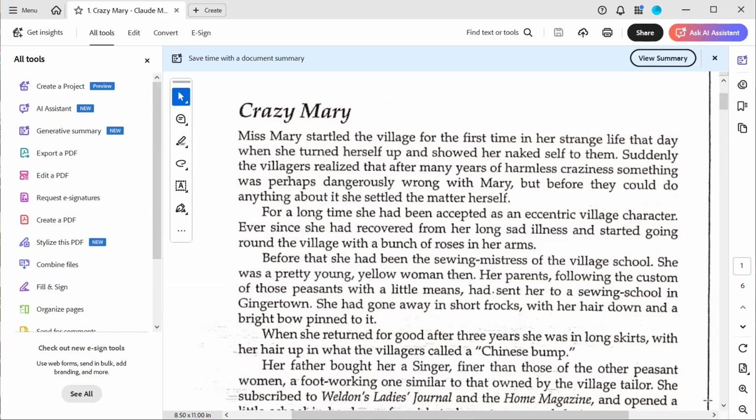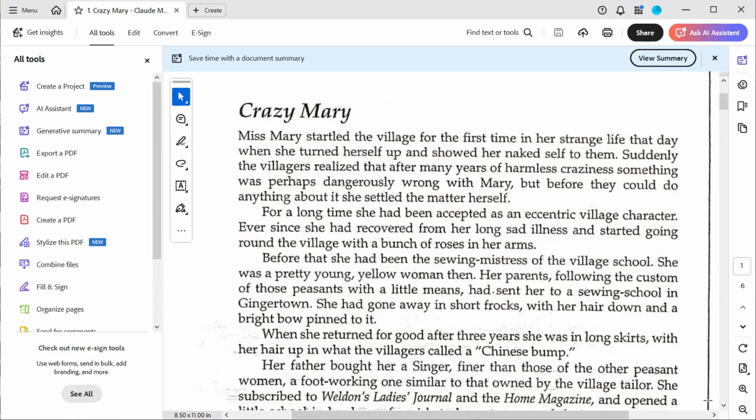For a long time, she had been accepted as an eccentric village character. Ever since she had recovered from her long, sad illness and started going around the village with a bunch of roses in her arms. Before that, she had been the sewing mistress of the village school. She was a pretty, young, yellow woman then.